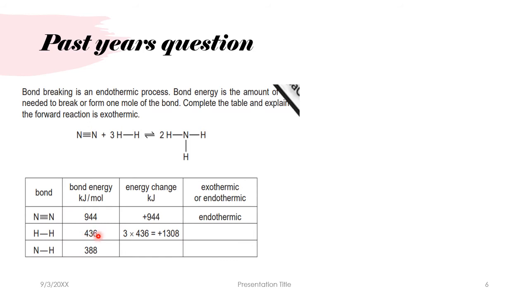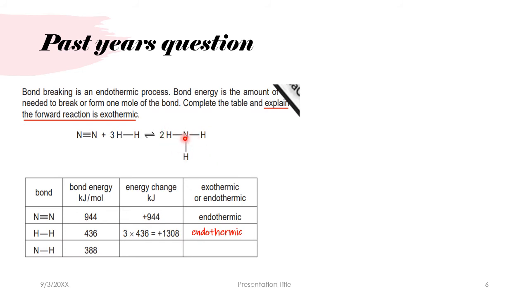Hydrogen pun sama. Dia adalah endothermic. Sebab dia reactant, kita nak break the bond. So endothermic for hydrogen to hydrogen. Okay. Energy change for nitrogen hydrogen. So ini adalah bond forming yang baru. Produk yang dihasilkan adalah bond making lah kan between nitrogen dengan hydrogen.